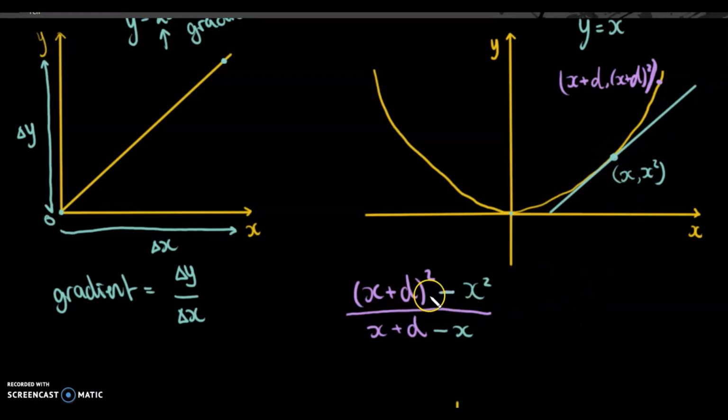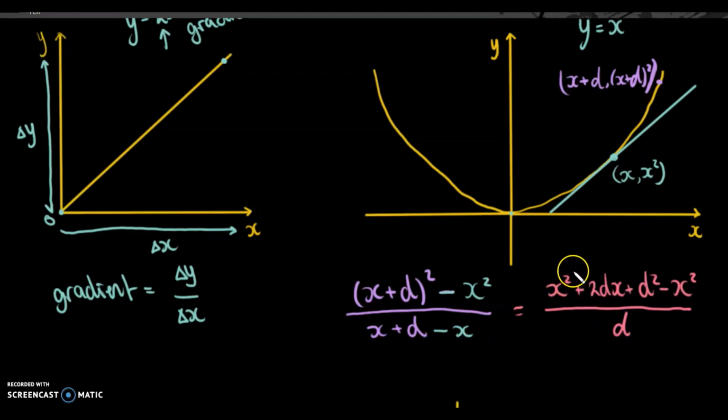Well, let's see what happens if we expand this out. We foil this first bracket, we'll have x squared plus 2dx plus d squared minus x squared all over, and this x is just going to cancel, leaving us with just a d on the bottom.